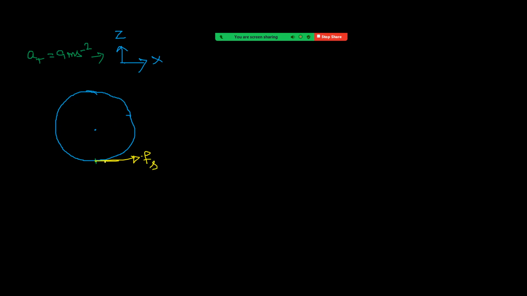Since it is rolling without slipping, friction will be static. Okay, it is Fs. Now you can see because of this friction, torque will be anti-clockwise, right? About the center of mass, because of friction, torque will be anti-clockwise.